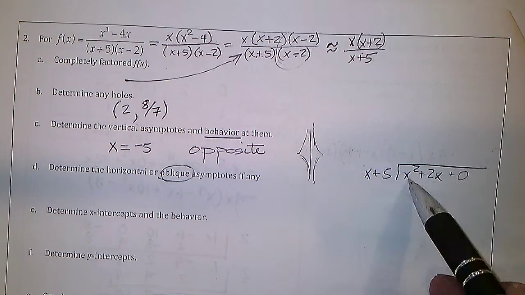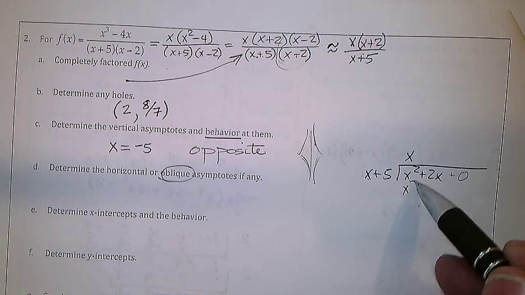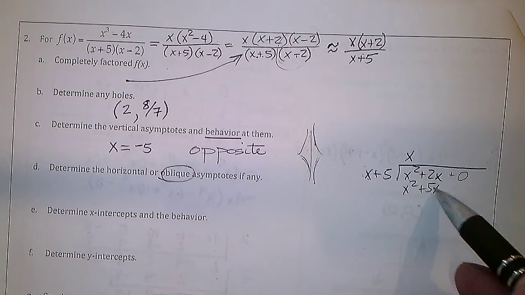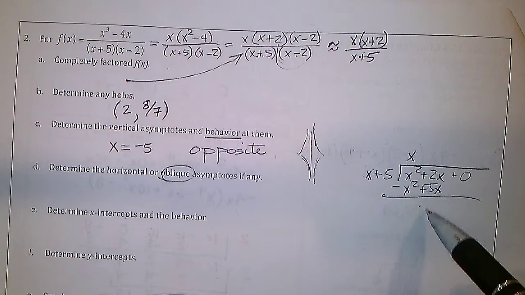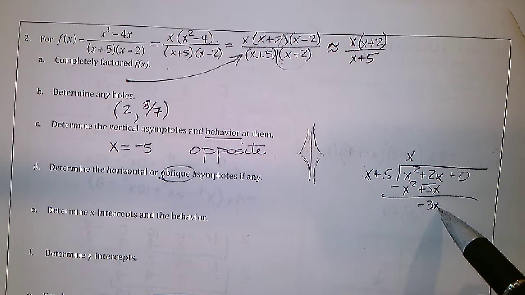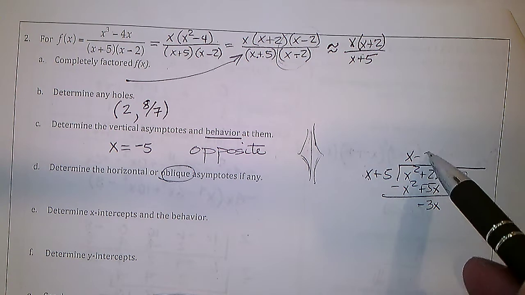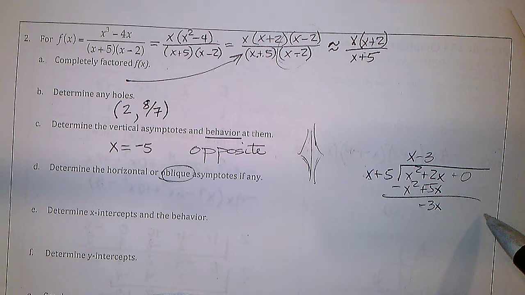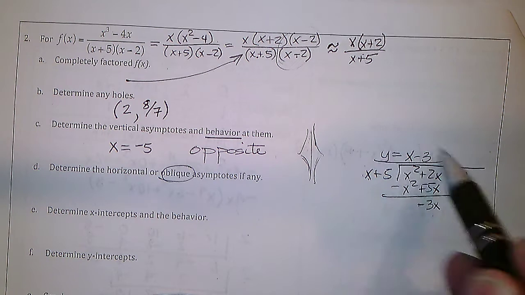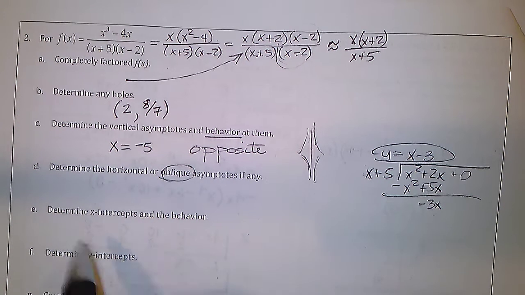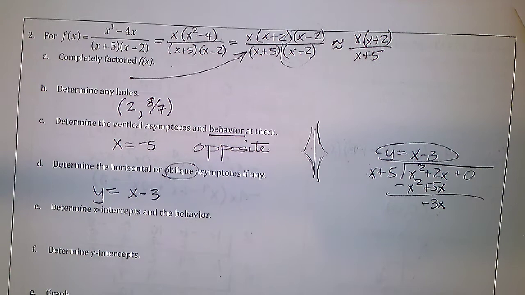So x into x squared is x. x times this would be x squared plus 5x. I draw the line, change the signs, and add, and I get negative 3x plus nothing. And x goes in there, and negative 3. I don't care if it goes in evenly. I've got enough here to know what the oblique asymptote is: y equals x minus 3.